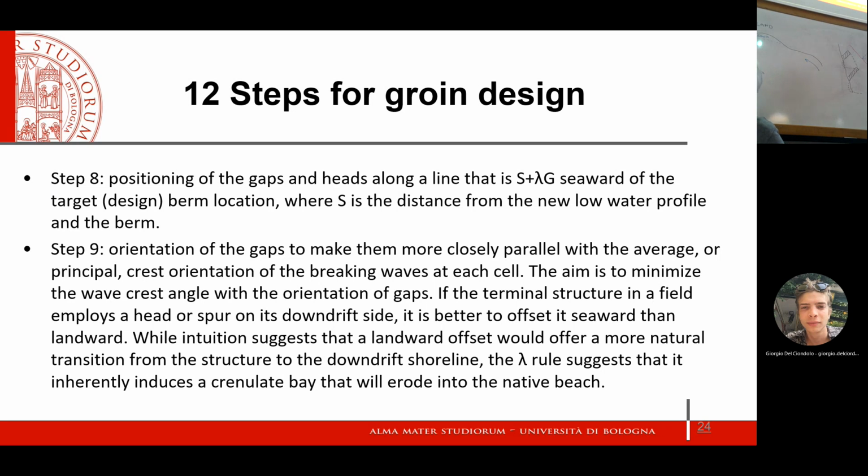Actually, the solution may be counterintuitive, because one may think that a landward offset of the head of the groin would offer a more natural transition from the structure to the beach, like a connection between the structure and the beach. But actually, the lambda rule and the overall reasoning that we made suggest that it's better to keep the control line parallel to the wave crest.